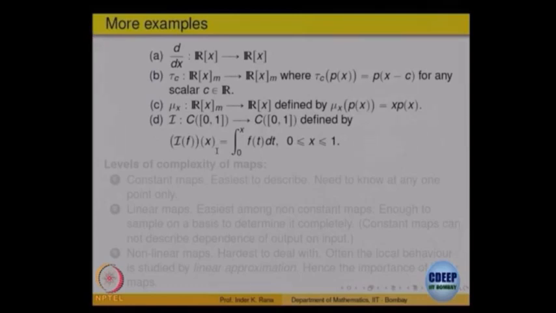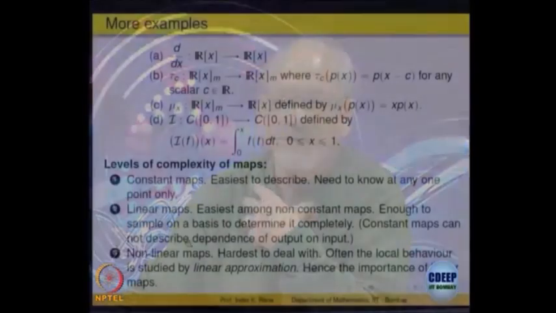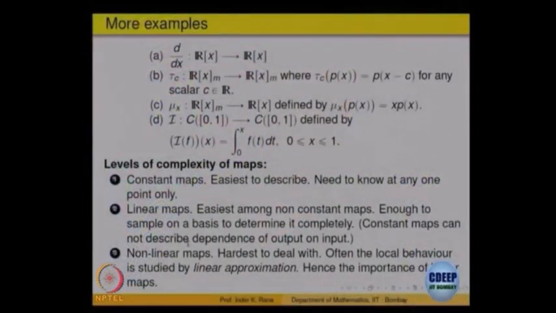Okay. Now, I just wanted to say a few things. Constant maps are the easiest ones to handle, right? Nothing changes, everything goes to a constant. What are the next easiest ones? Constant plus x, linear maps. So, linear maps are the next easiest to handle, and the non-linear ones are the most difficult to handle.